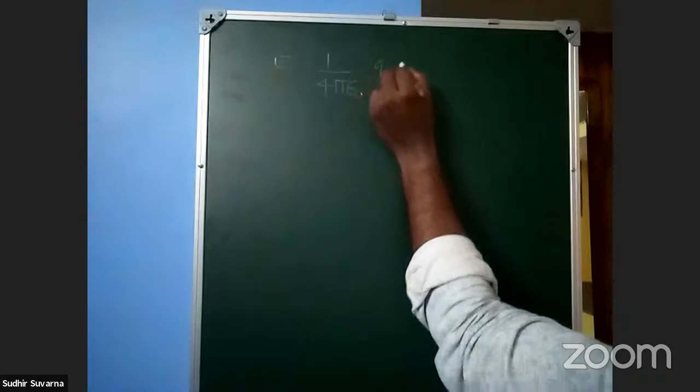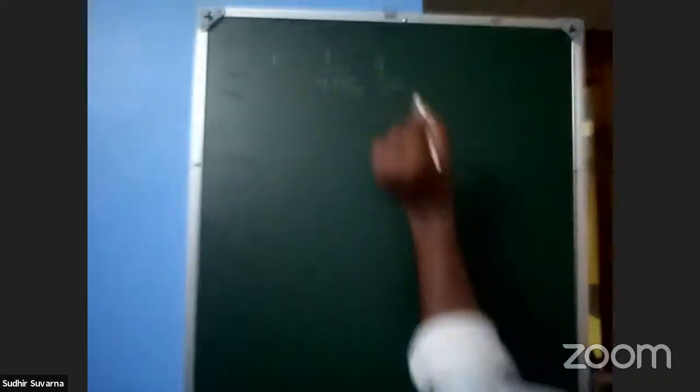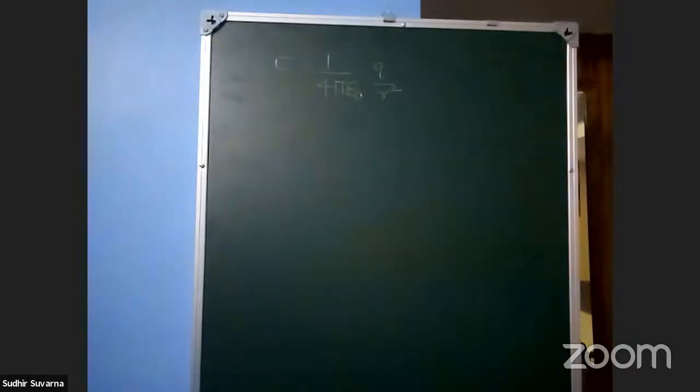Okay, so you have got Q upon R square, right? E is equal to 1 upon 4 pi epsilon 0 Q upon R square.